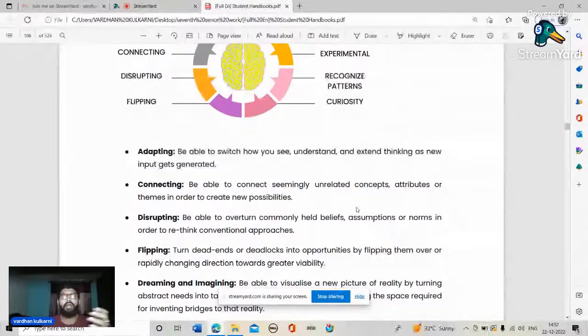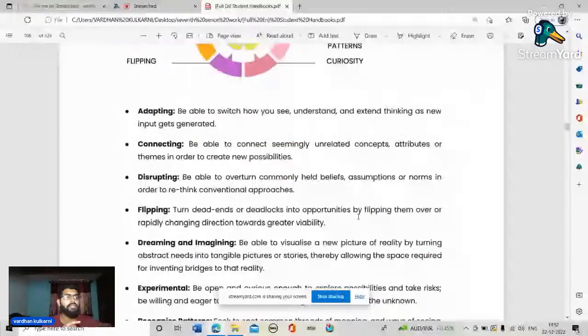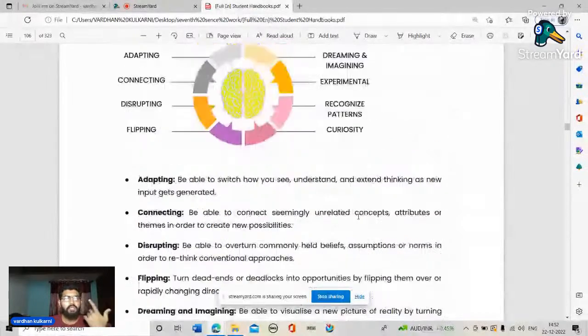Then, what is dreaming and imagining? Dreaming and imagining is visualizing a picture in your mind and bringing abstract needs and tangential pictures of stories into reality, then following the space required for inventing bridges to reality. Then experimenting is trial and error.